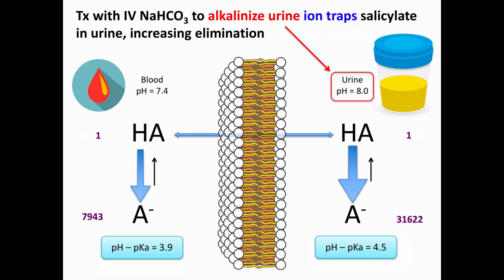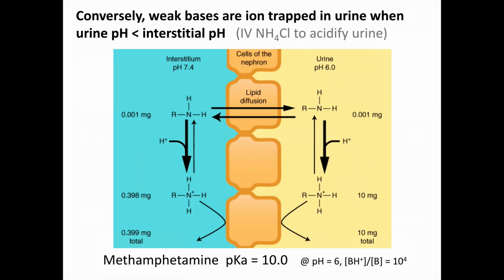So we've seen that weak acids are better absorbed in an acidic environment, and also that weak acids can be ion trapped in an alkaline environment. Conversely, weak bases are better absorbed in basic environments, and weak bases can be ion trapped in the urine when the urinary pH is lower than the pH of surrounding tissues. The figure here is adapted from the Katzung textbook showing how methamphetamine, a weak base with a pKa of 10.0, can be ion trapped in the urine when the urine pH is relatively low.